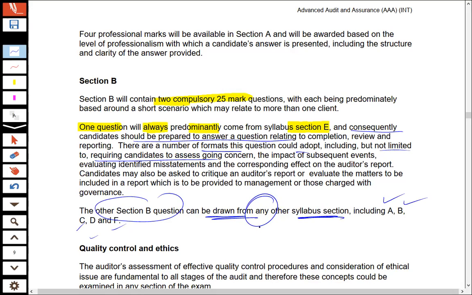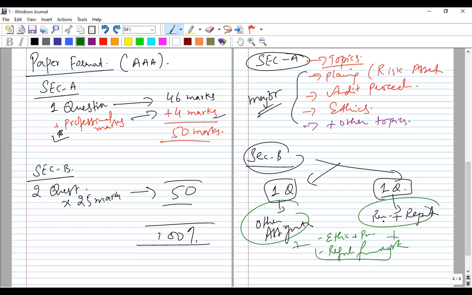But according to past paper practice, one question is examined from review and reporting, and ethics and practice management and regulatory framework. Now this is what the examinable contents are.